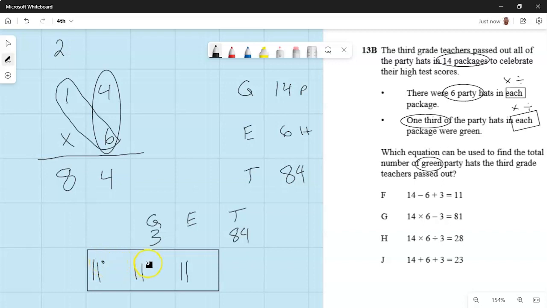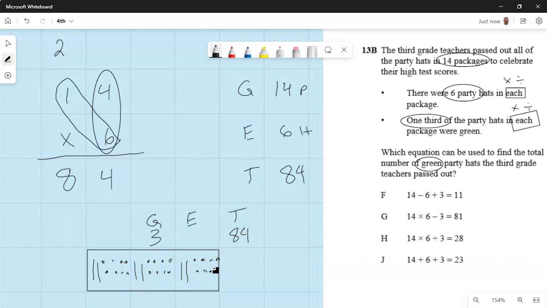61, 62, 63, 64, 65, 66, 67, 68, 69, 70, 71, 72, 73, 74, 75, 76, 77, 78, 79, 80, 81, 82, 83, and 84.